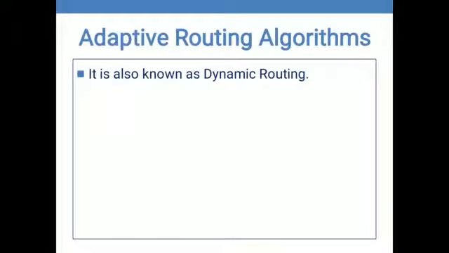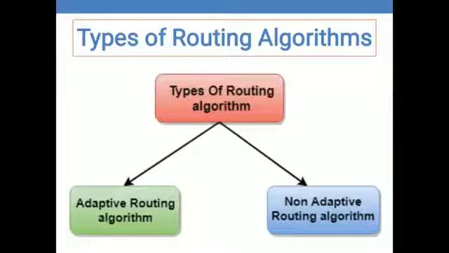We have different types of routing algorithms. Actually, we have three: static routing, dynamic routing, and default routing. Default means we select a path by default and pass the data from one router to another router.